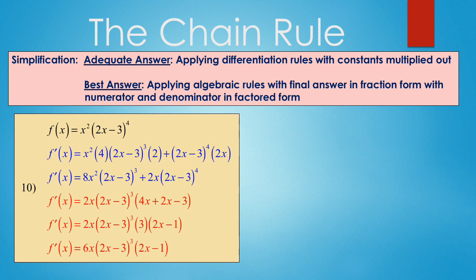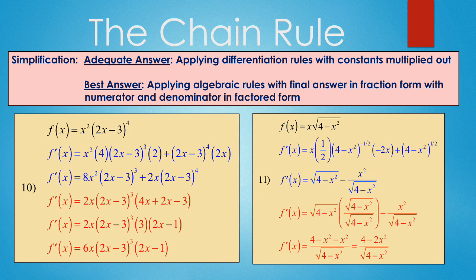The second piece of the product rule gives 2x minus 3 to the 4th times the derivative of x squared, which is 2x. We do the multiplication of constants and end up getting f prime of x equals 8x squared times the quantity 2x minus 3, quantity cubed, plus 2x times quantity 2x minus 3, quantity to the 4th power.